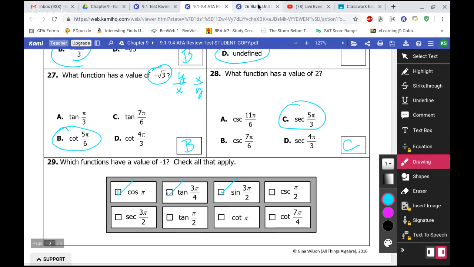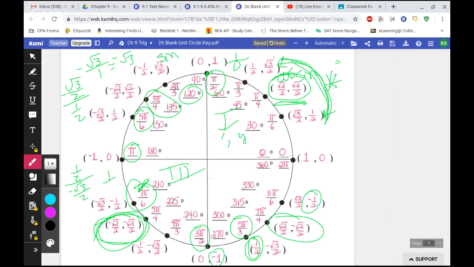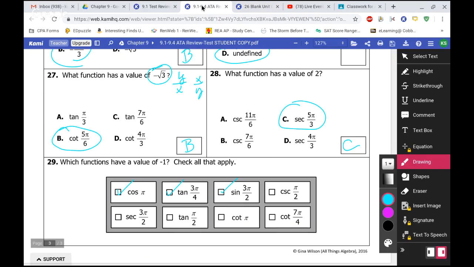And then secant 3 pi over 2 is 1 over cosine. So that one doesn't work either. Tangent pi over 2.